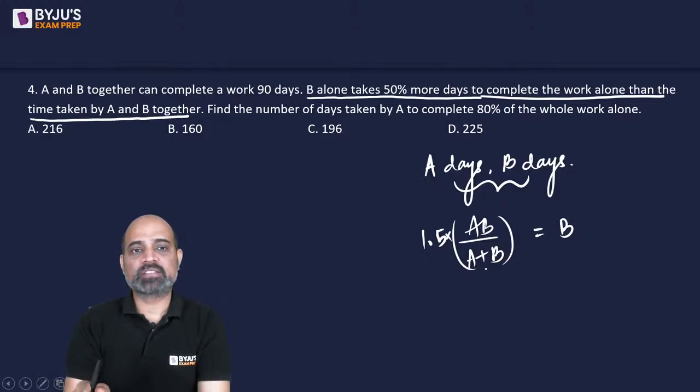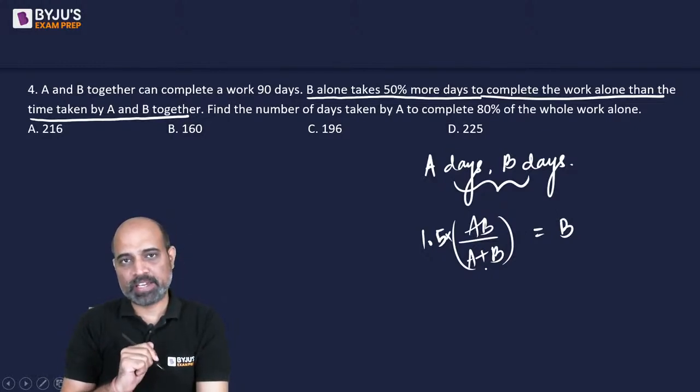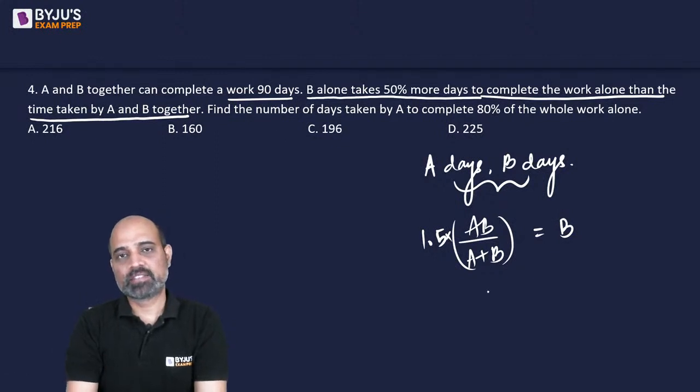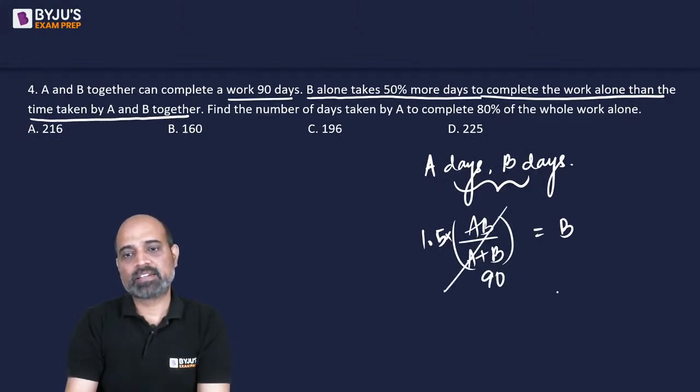You will find that there is a relation between A and B. We are also given that they can complete the work in 90 days together. So if that is 90, B is going to be 90 plus 45, which is 135 days.